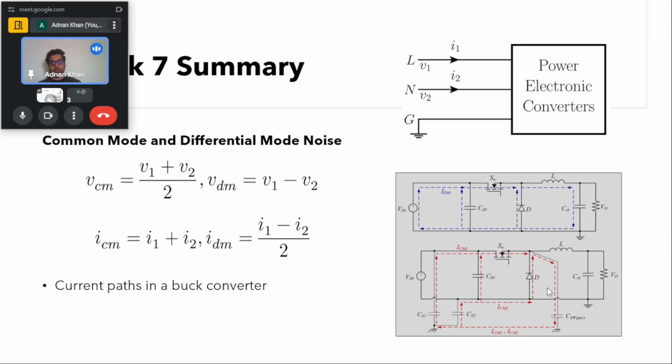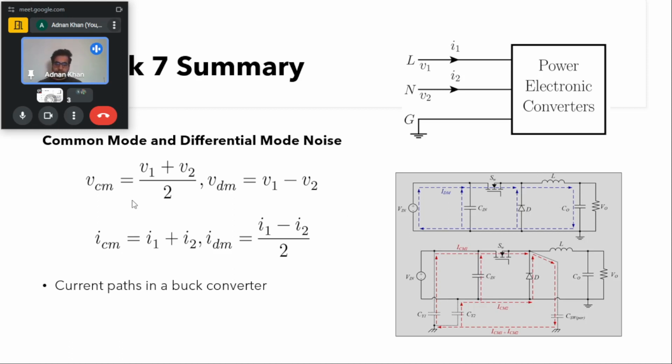And usually what we want to do is minimize this common mode as much as possible, because this is not what we usually want. We want the operation to be like the top one, the differential mode, where whatever goes in comes out through the neutral, and there should be minimal common mode currents, and we always want to minimize them, because they can affect the operation of the devices and other components as well.